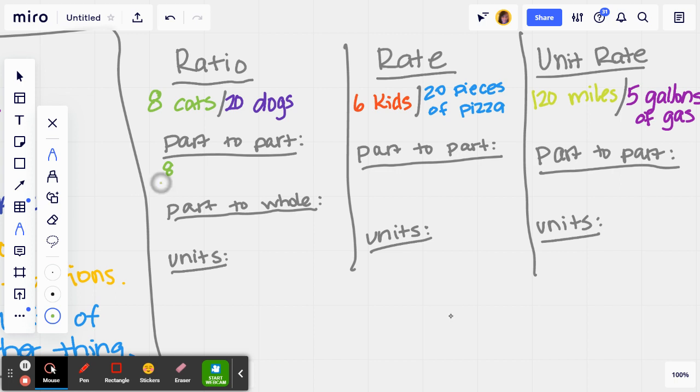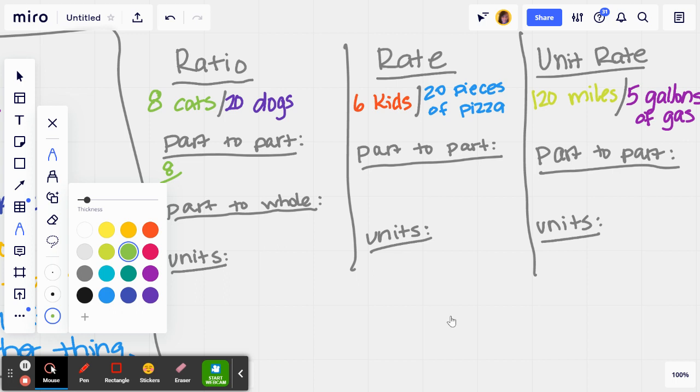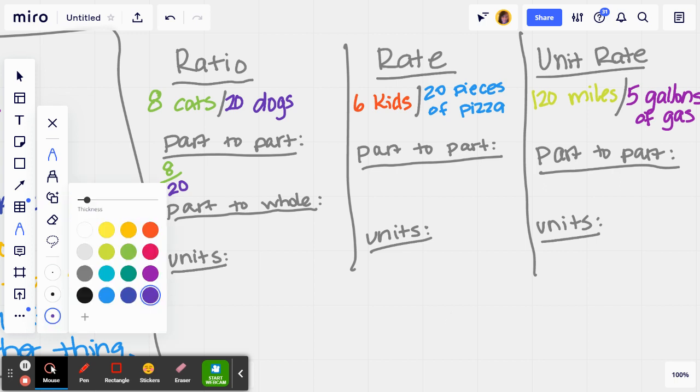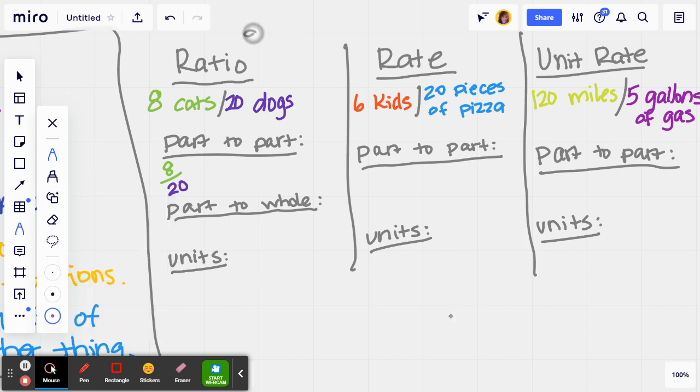I'm going to do it in fraction form. Of course, we remember that we can do it in fraction form or with colons, so I just as easily could write 8 to 20. And I can also use the word to, 8 to 20. So part to part, we have 8 cats and 20 dogs.